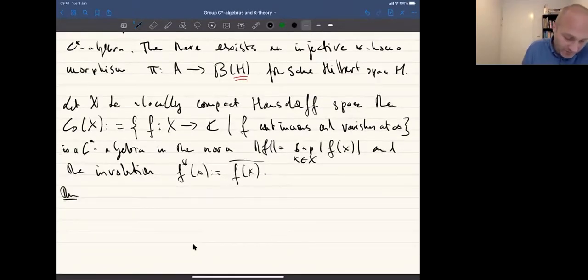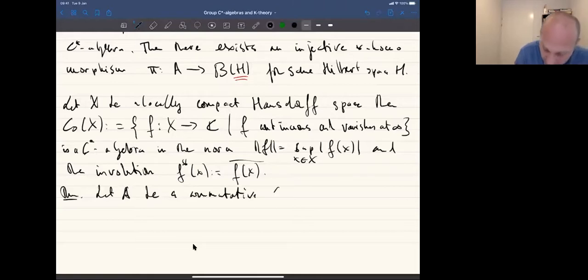this is called the Gelfand-Naimark theorem, and it says the following: let A be a commutative C-star algebra. And now it doesn't matter which model I use. I could use the abstract model or the Hilbert space model.